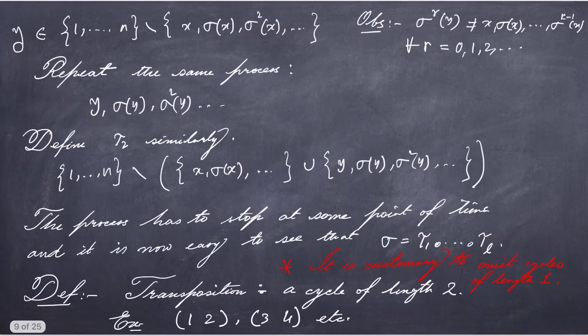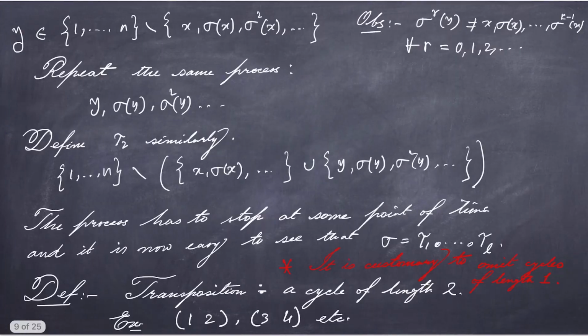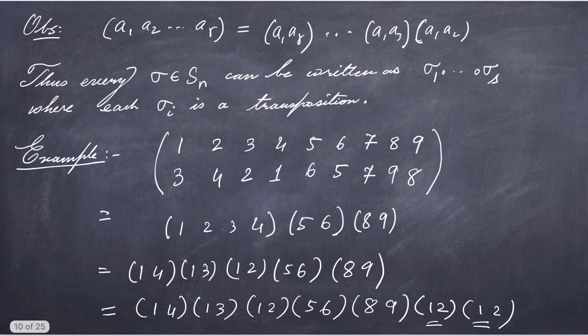Given a permutation, how do we write it as a product of cycles? Using that technique, we first start with 1 goes to 3, then 3 goes to 2, then 2 goes to 4, and 4 goes back to 1. So this is a cycle.